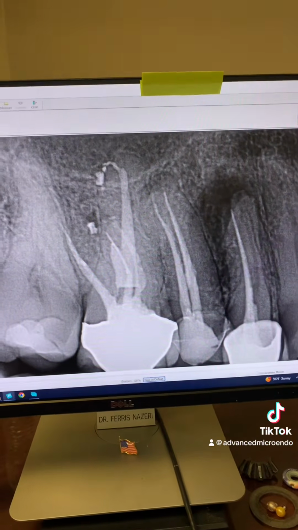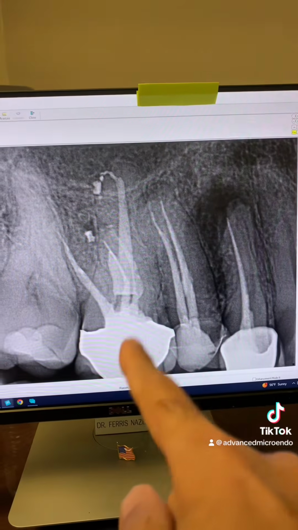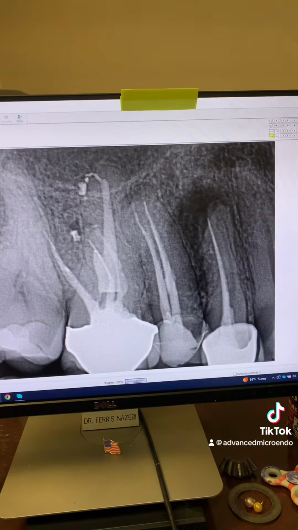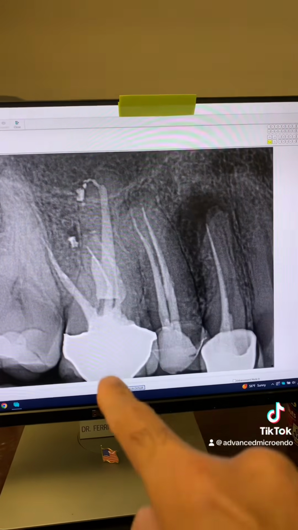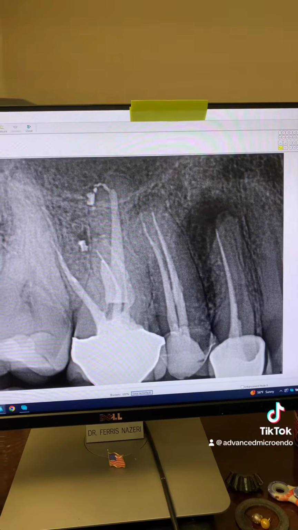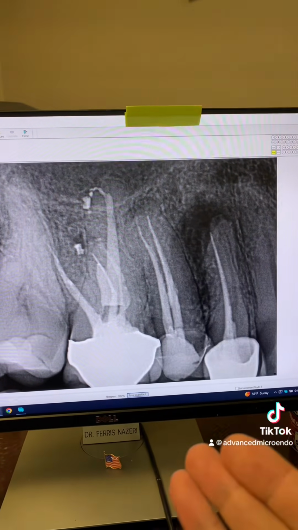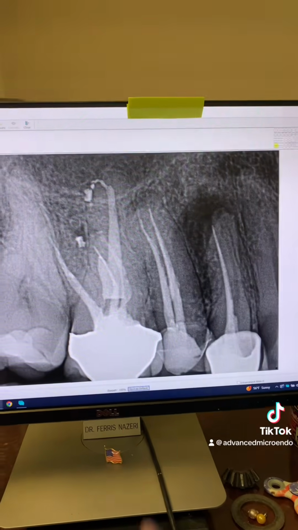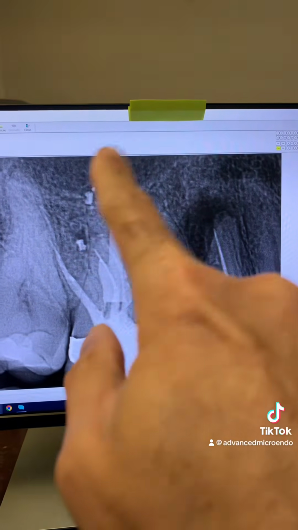And I told him, why didn't you have your dentist restore tooth number 3 permanently anyways? But the Cavit, surprisingly, most of the Cavit was intact. But again, Cavit is only good for a few weeks, not 2 years. So you can see the periapical radiolucency is healed completely.